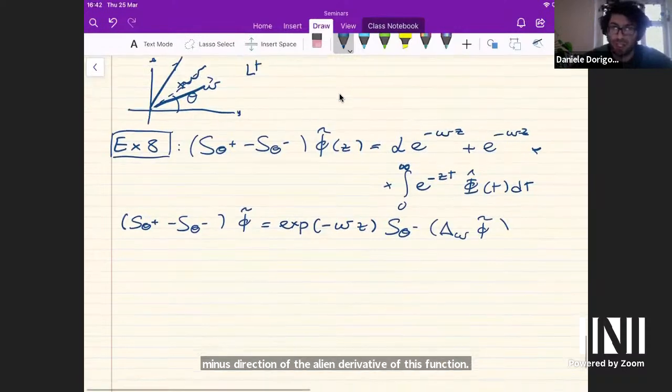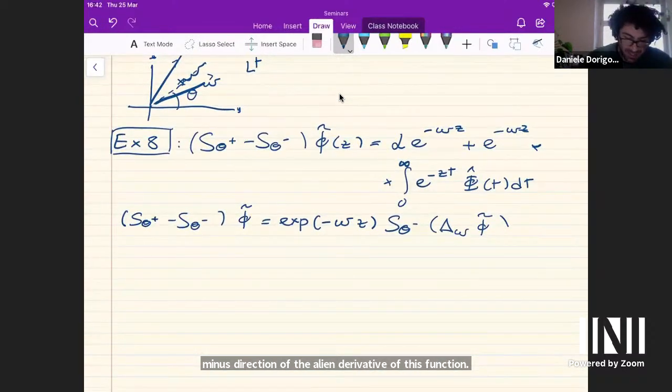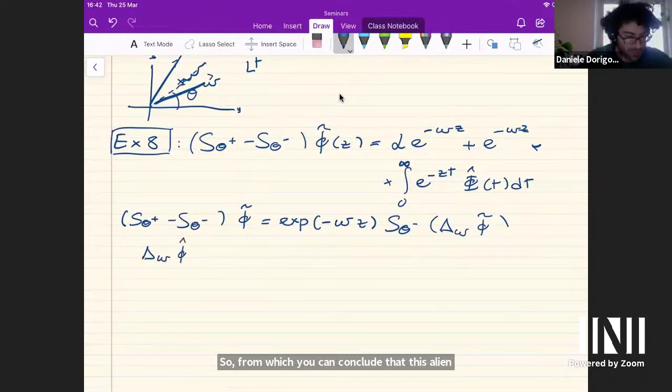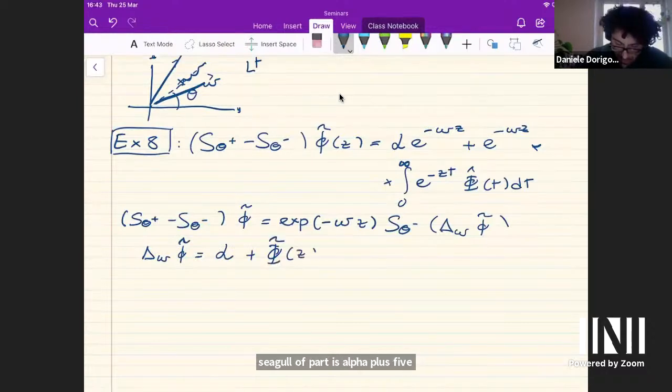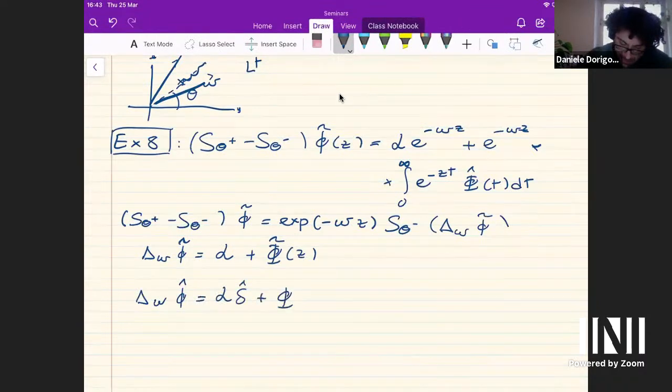So from which you can conclude that this alien derivative in this simple case is nothing but the singular part. Is alpha plus phi tilde z, or equivalently in the Borel world, alpha delta plus the minor.